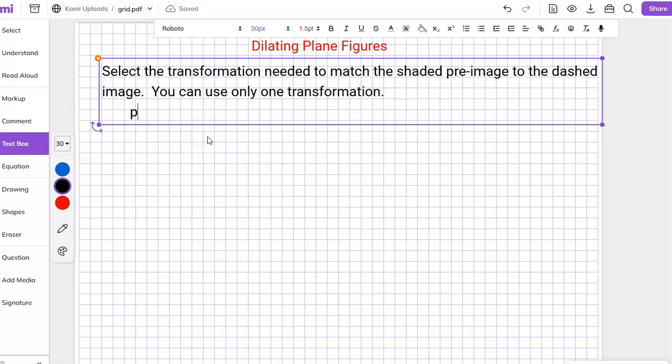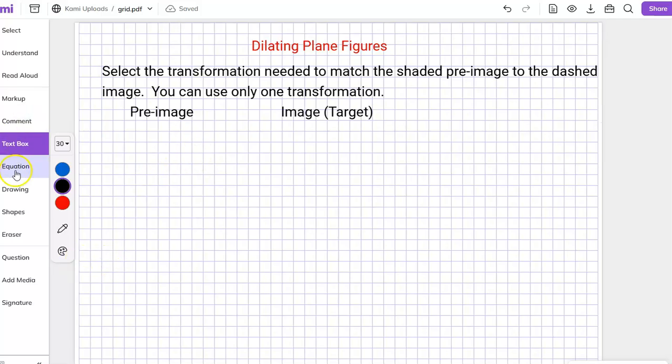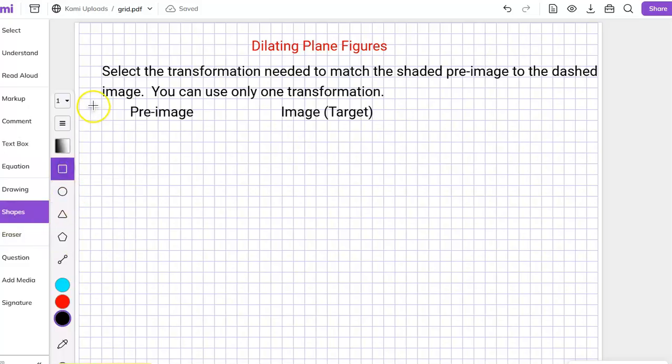So I'm going to put pre-image, image, target. Okay, then I'm going to put my boxes here.